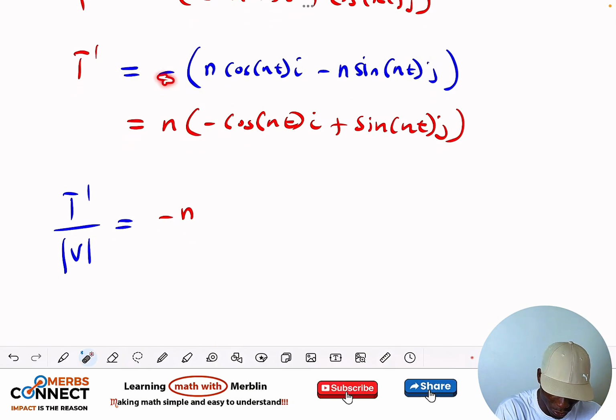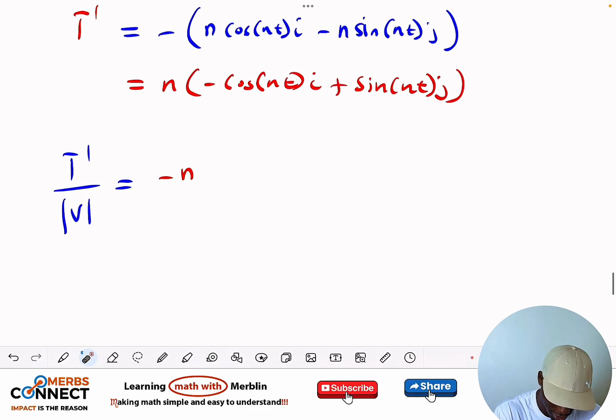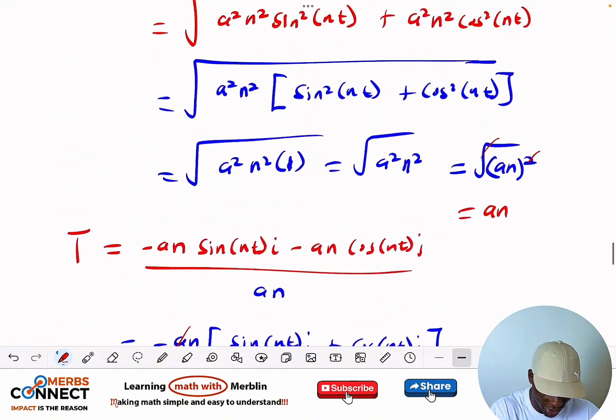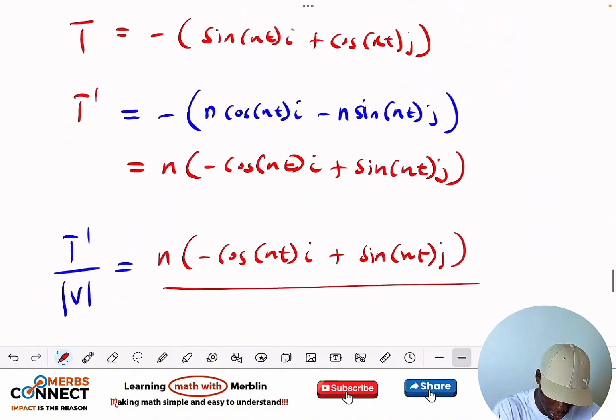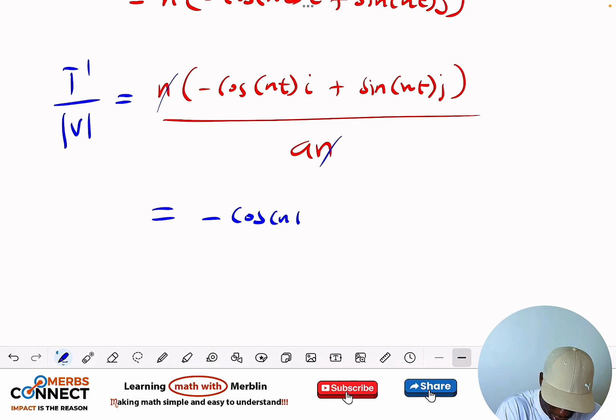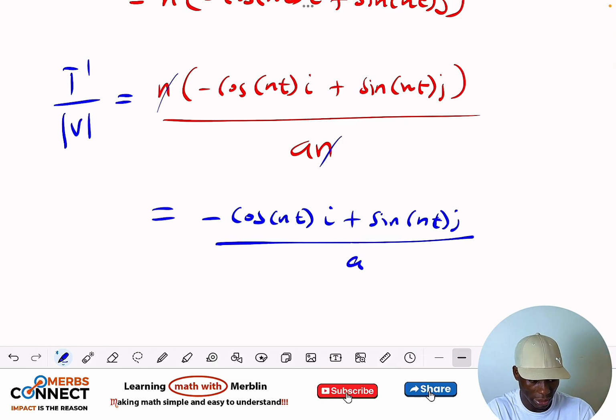What I did was multiply by minus and then factor the n out. So this gives us n times minus cos nt i plus sine nt j, divided by the magnitude of v, which we found to be an. So we divide by an, and n cancels n. So we have minus cos nt i plus sine nt j, divided by a. This is what we get.